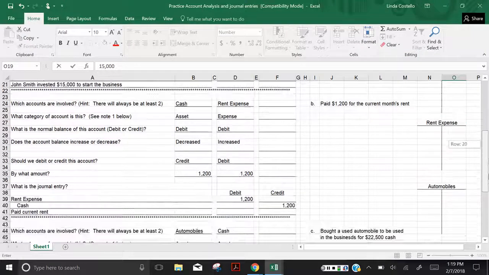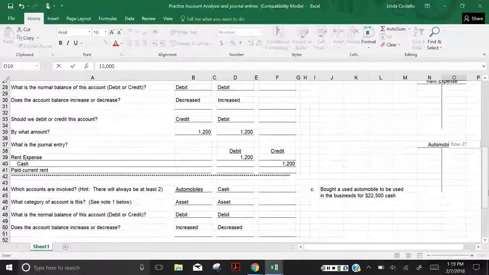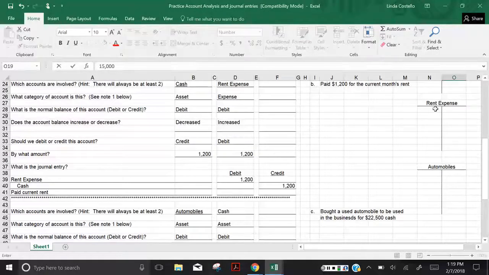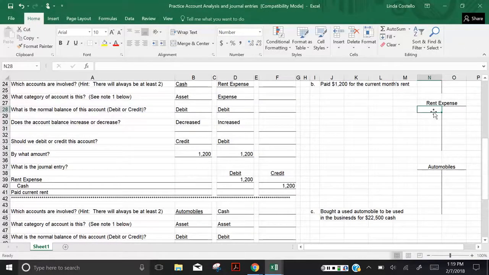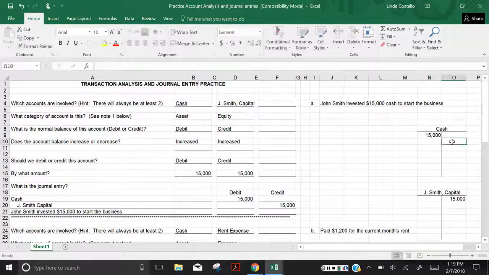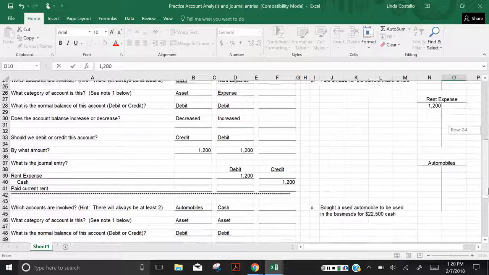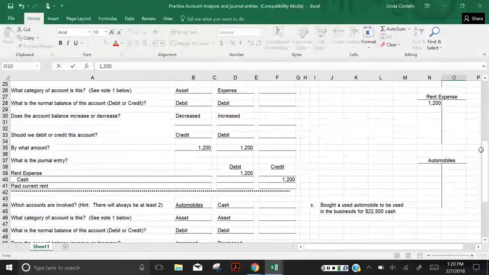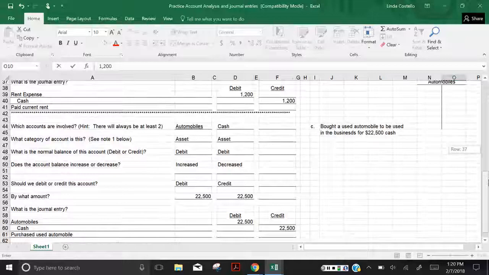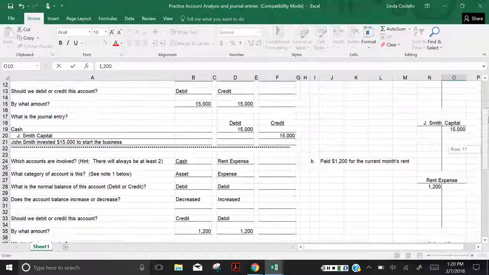And in this transaction, we debited rent expense and credited cash for $1,200. Credit cash, debit rent expense, and in the final transaction, we debited automobiles and credited cash.